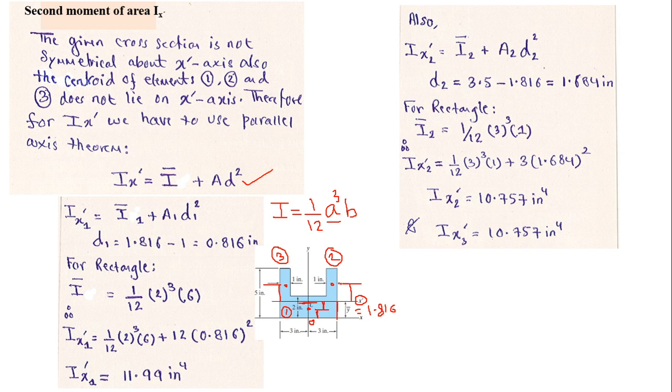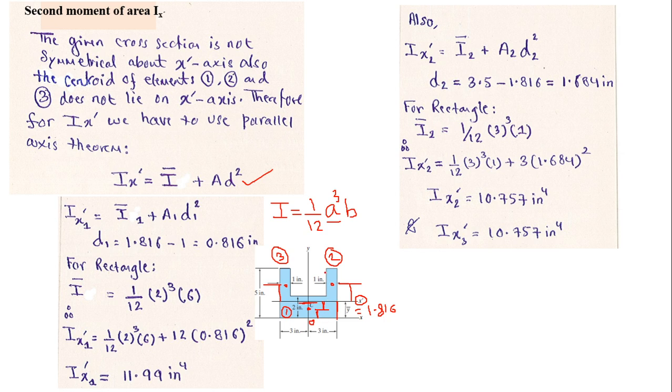So the distance between the centroid of this smaller rectangle 2 and this x dash axis comes out to be 3.5 minus 1.816, which is 1.684 inch. So this is the value of D for this rectangle 2.